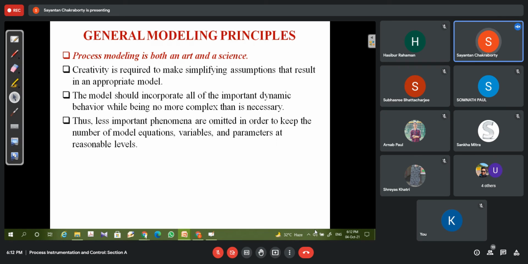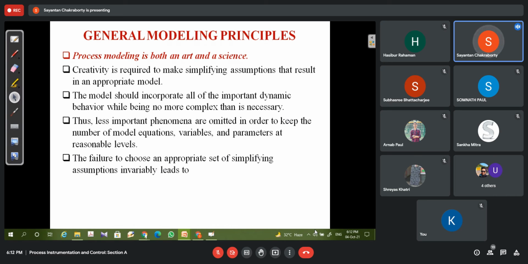If you have this creativity, you can master the art of modeling. But if you fail, what will happen? Failure to choose an appropriate set of simplifying assumptions to start with will lead either to a rigorous but very complicated model, because you could not identify the important factors.